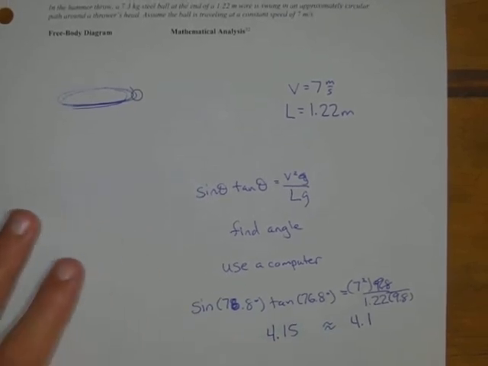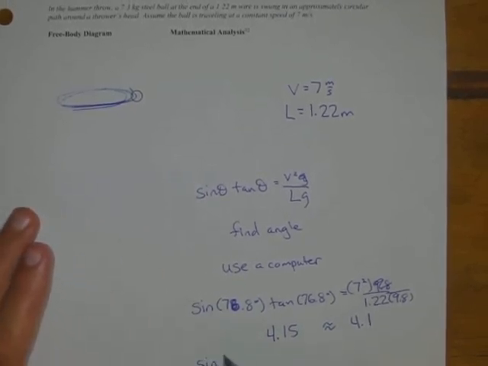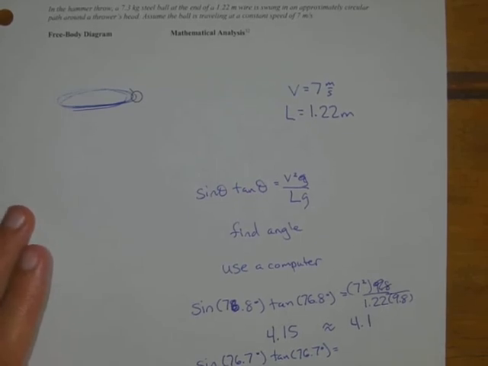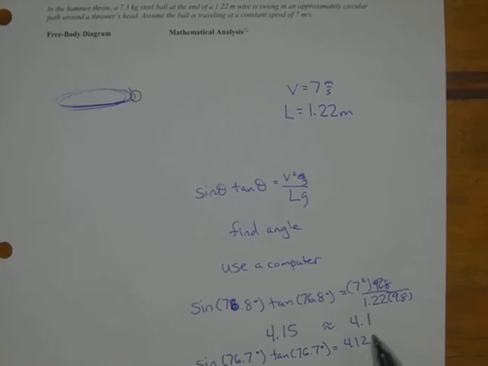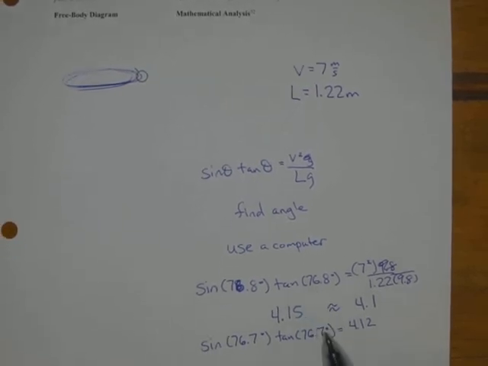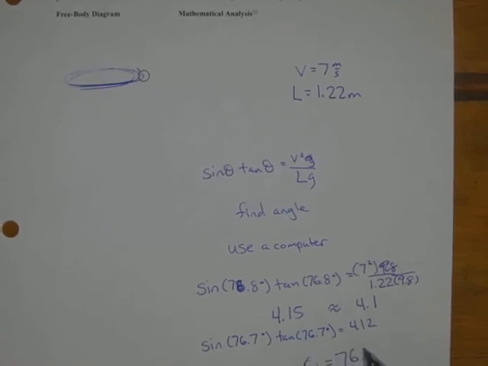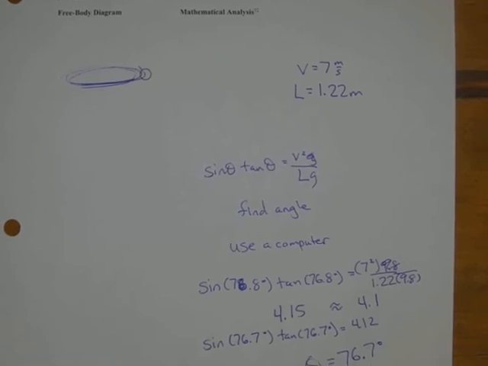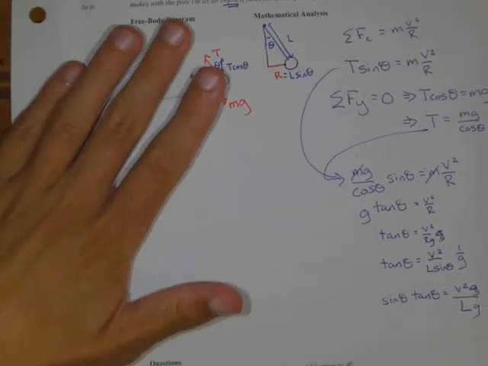So they gave me 76.8 in the back of the book. But if I do 76.7 degrees, I get 4.12, which looks good. So that rounds to 4.1. Okay, so we strategically used the guess and check method to figure out that theta is supposed to be 76.7 degrees. Okay, now we're going to go back to problem 89.